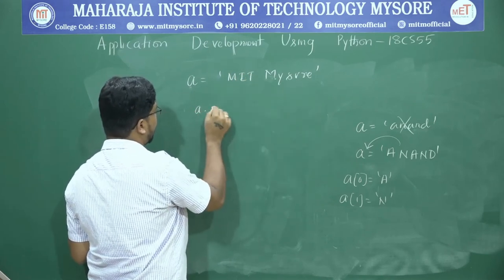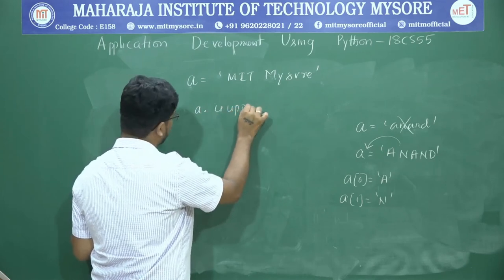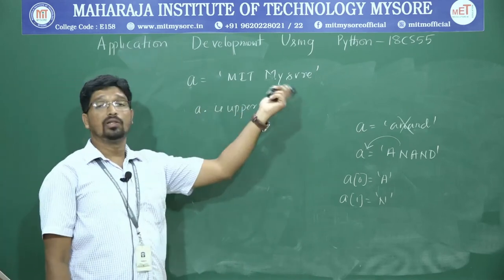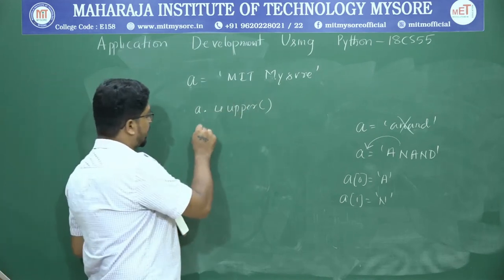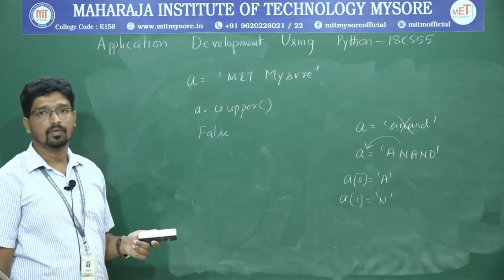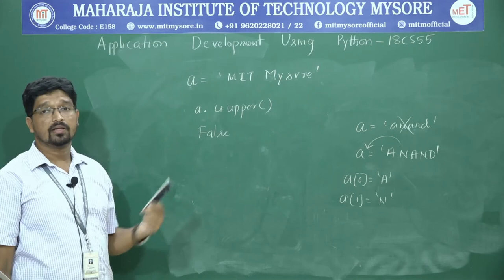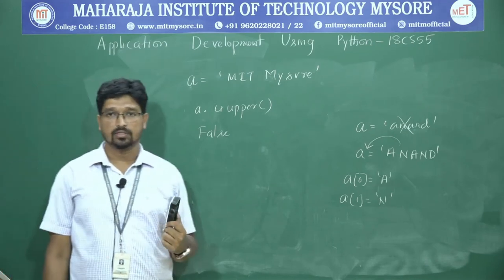Now you check A dot is upper, so you should get false as a result, because not all the characters are in uppercase, only a few characters are uppercase. This is how you check whether the string is in uppercase or lowercase.